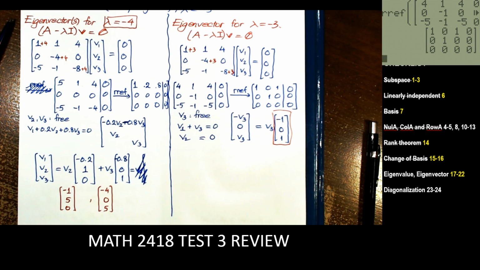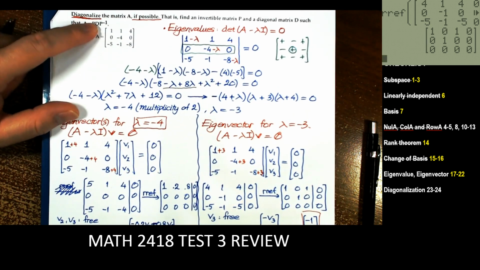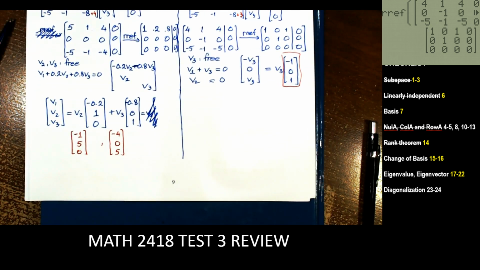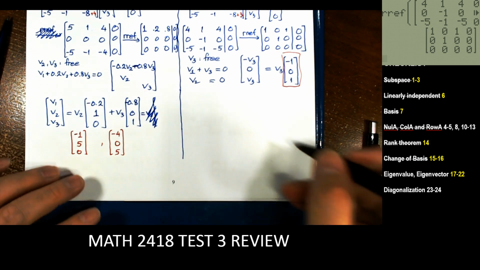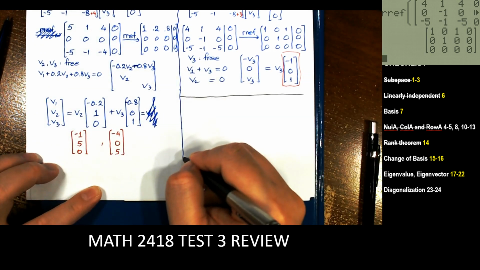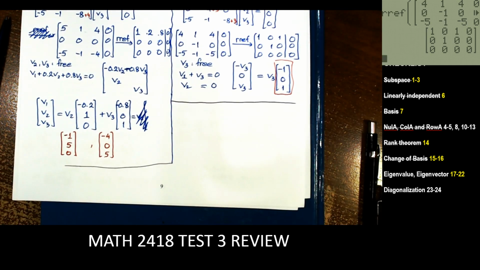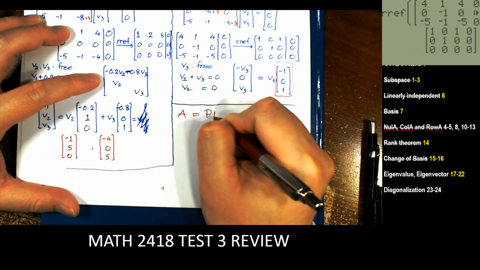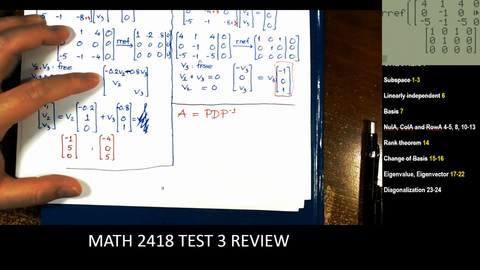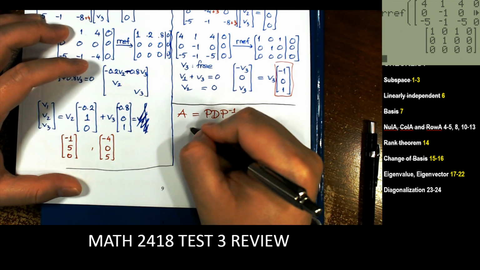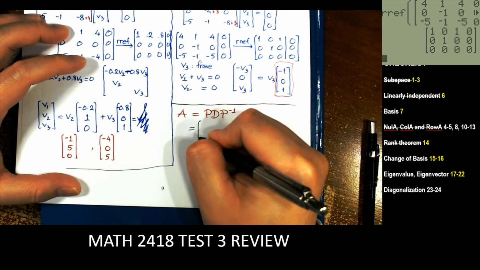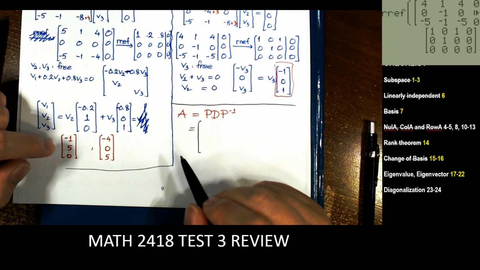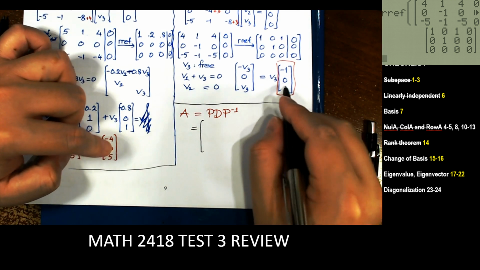Finally, we're going to put it in diagonalization form. In that case, A will be equal to P D P inverse. First, the matrix P will be the eigenvectors. So let's write this one, and that one.